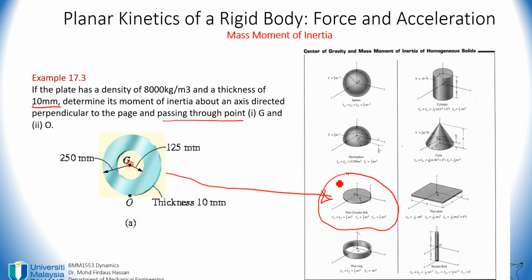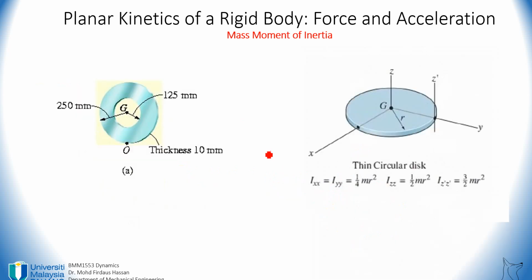But the thing here is it has a hole, while here there is no hole. So what we can do first, let's take the first one, which is the axis passing through G. It's similar to the axis Z.